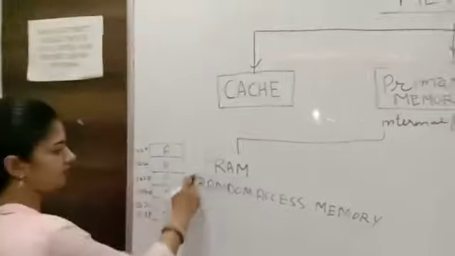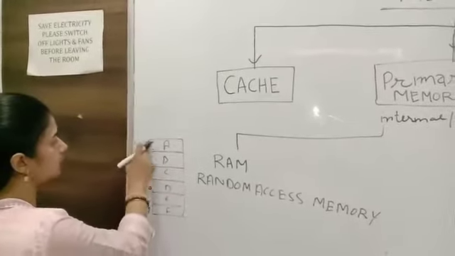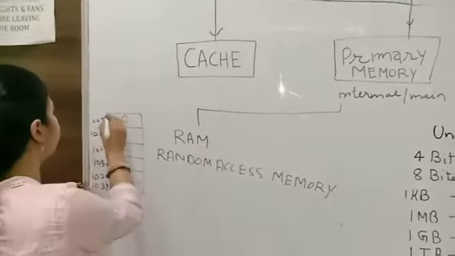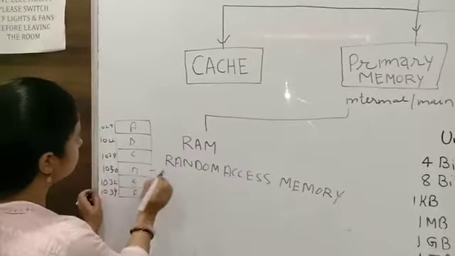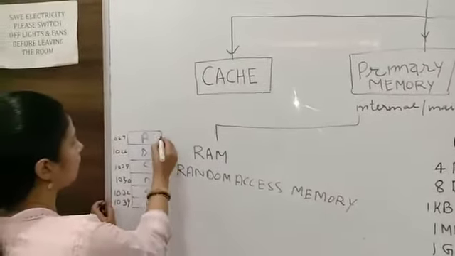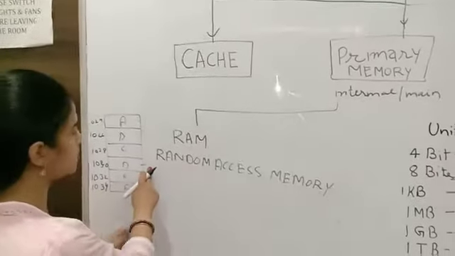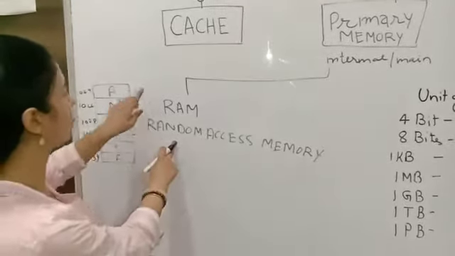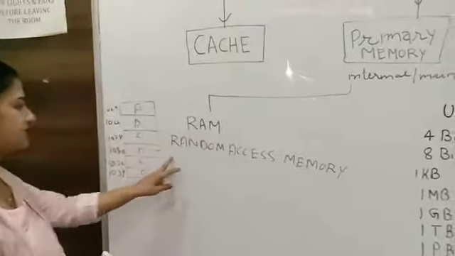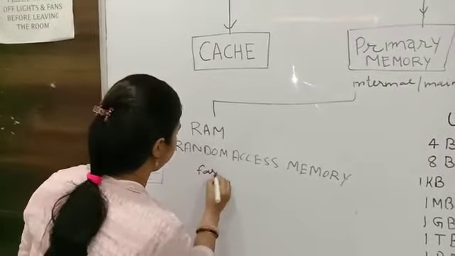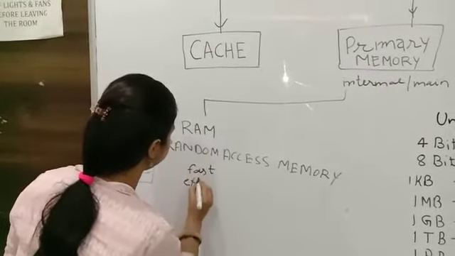Earlier, when we had magnetic tape, we had to go sequentially: first read this, then read this, then read this. This is very time consuming. With RAM we can randomly access any data. So this is very fast and this is expensive.